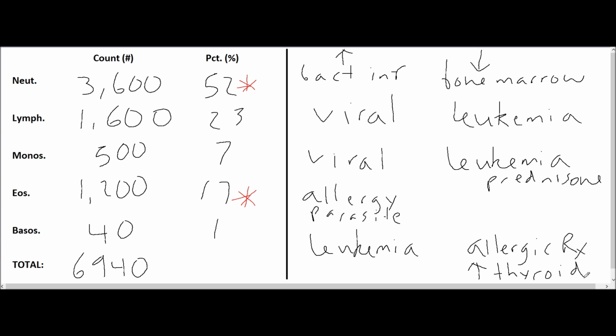We have to make sure that the count is also normal. But if we do see an abnormal percent, that's when we can look at the count and say, is this really an abnormal count, or is this being thrown off by, as in the case I just illustrated, one of the white blood cells, in this case the eosinophils, being grossly abnormal, which caused some of the other percentages to be off, even though their count, in this case neutrophil, was fine.